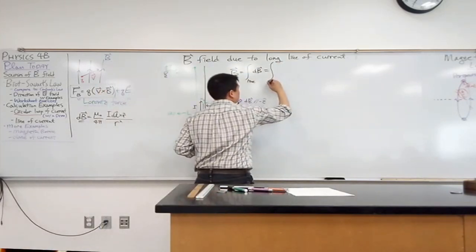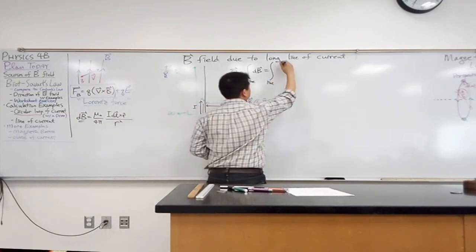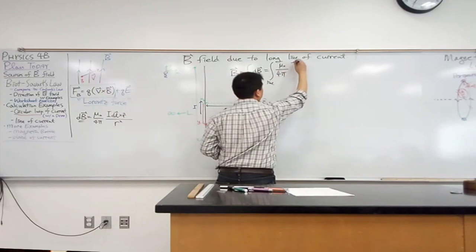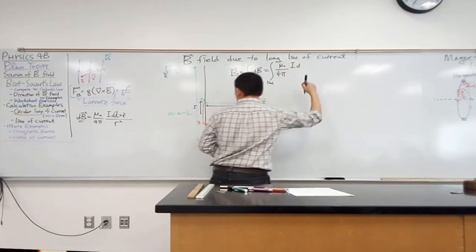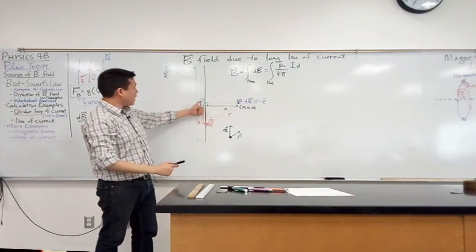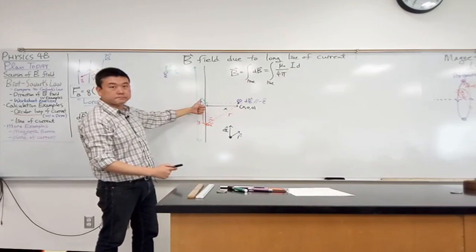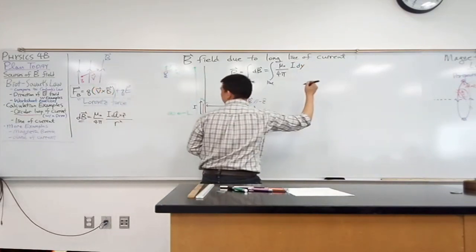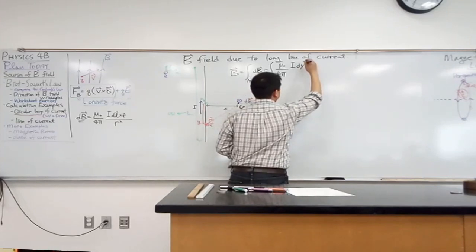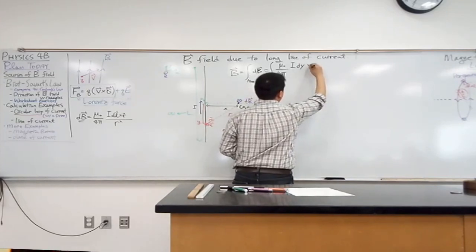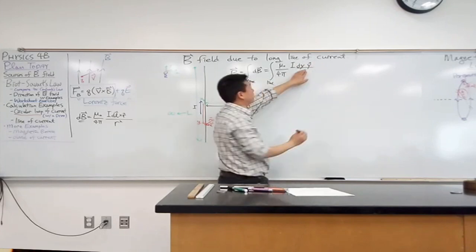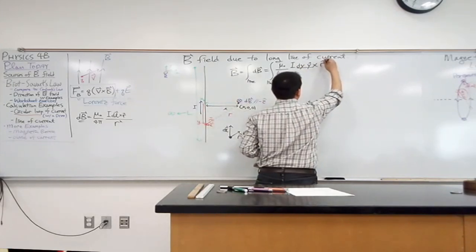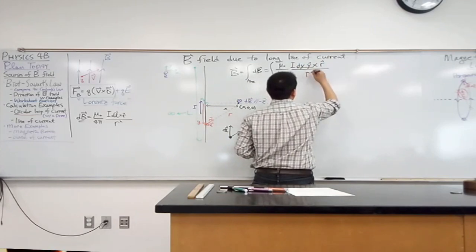Mu naught over 4 pi, I, dl. Well, dl looks like dy, right? Yes? Okay, I dy times y hat. So this is my dl vector. Good. Cross r hat divided by r squared.